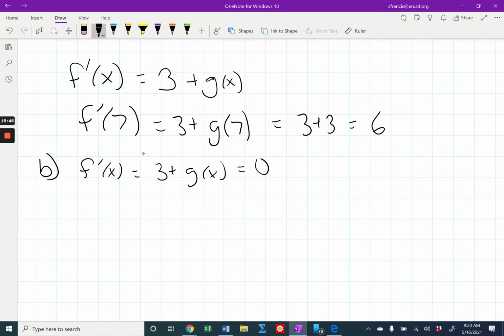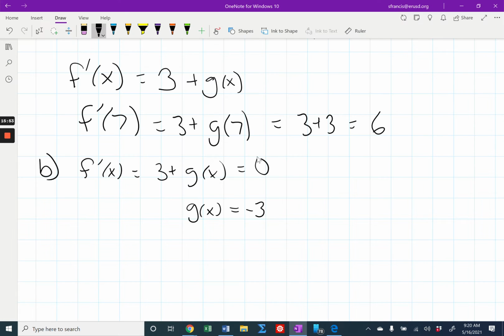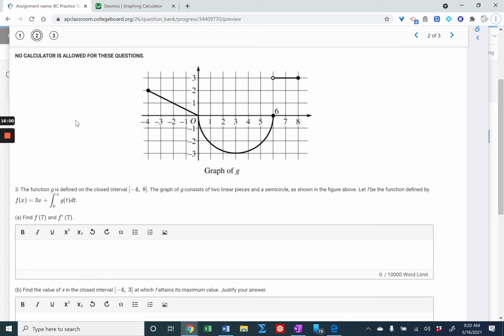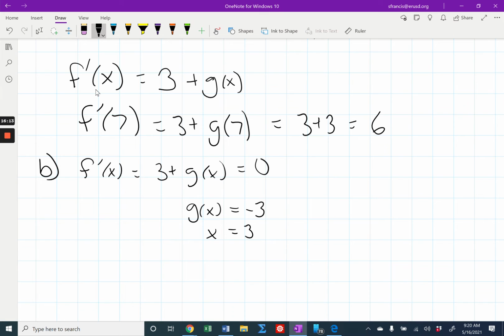And so we get g of x has to be equal to -3 to make that true. And g of x equals -3 at 3. So that happens to be an endpoint. I'm sorry, I'm stuck on trying to remember what they did. They did something about saying that the graph of f prime is always positive, I think, but I don't remember.